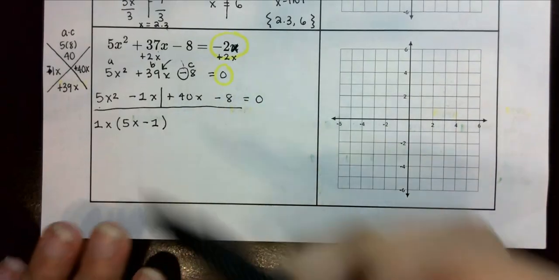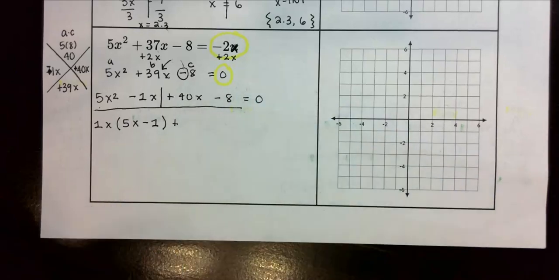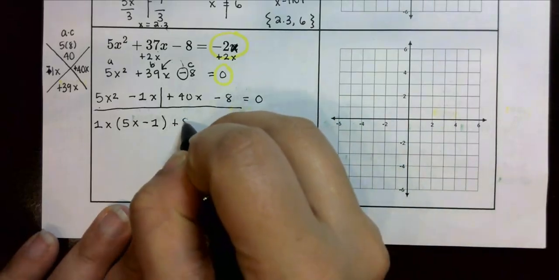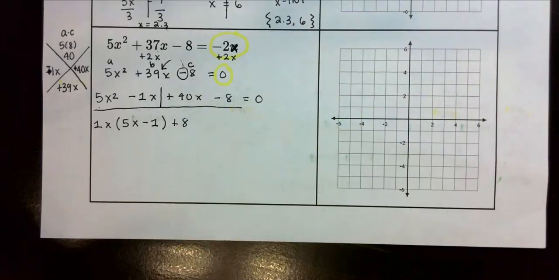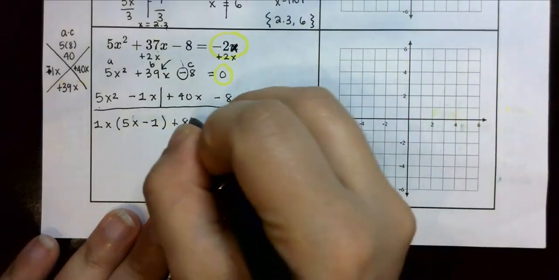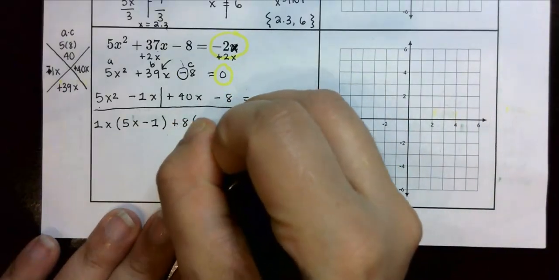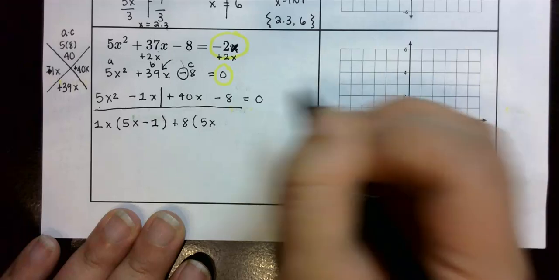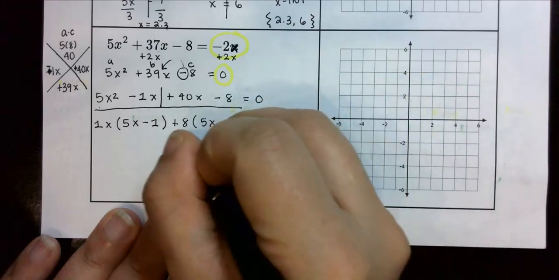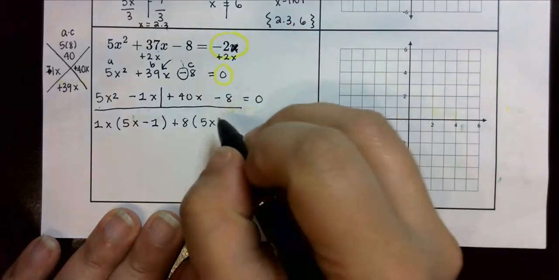That's a plus sign, so I'm going to bring it down. 40 and 8. 8 divides into both of those. Remember, you can use your calculator. So 8, no x. 40 divided by 8 is 5. Bring down the x. Negative 8 divided by positive 8 is a negative 1.